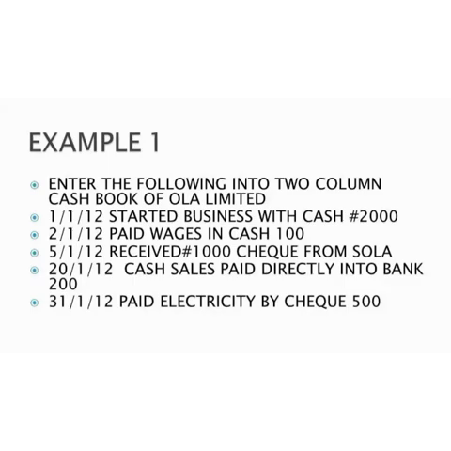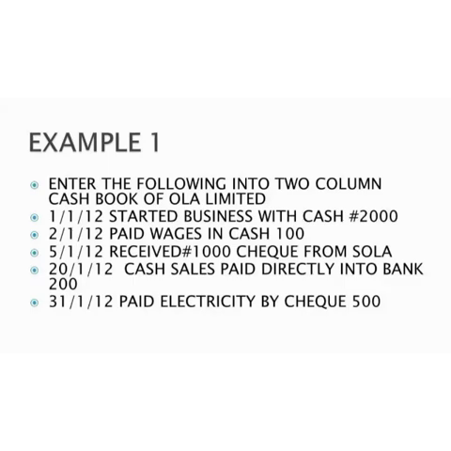The next transaction is on 2nd January 2012, wages paid in cash 100. Wages paid is an example of an outflow of cash, or a payment. So enter that transaction on the credit side, 'By Wages Account', under the cash column, 100. The next transaction, on 5th January 2012: received a cheque for rupees 1000 from Sola.